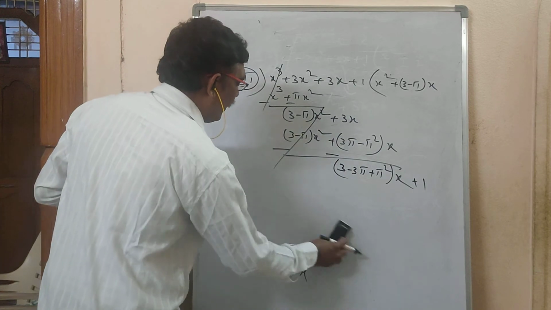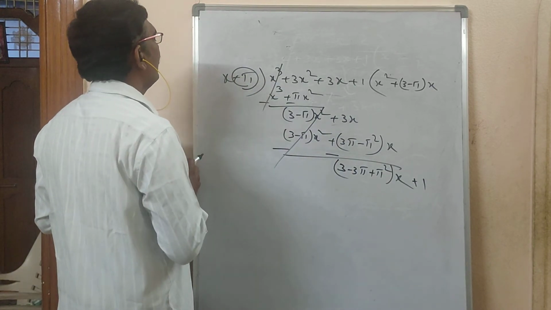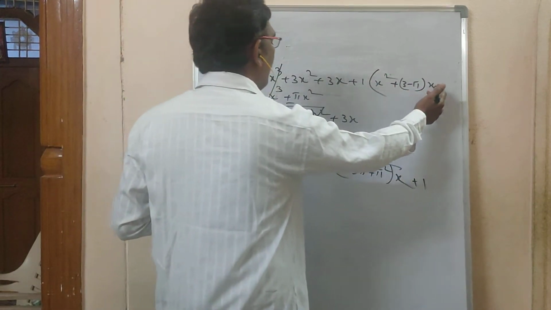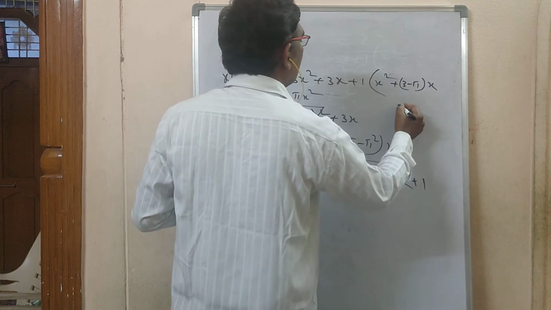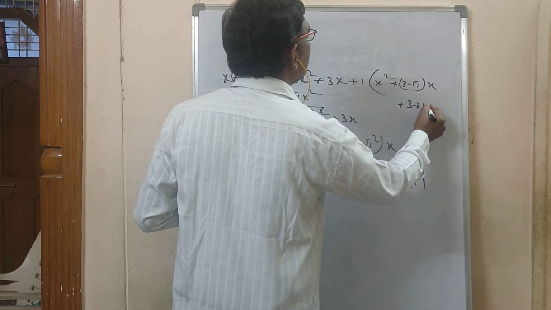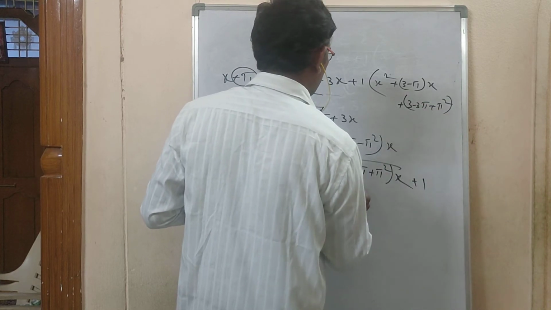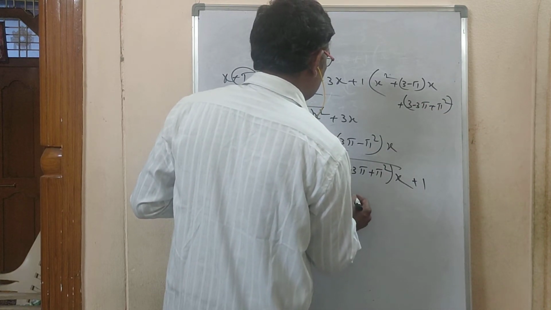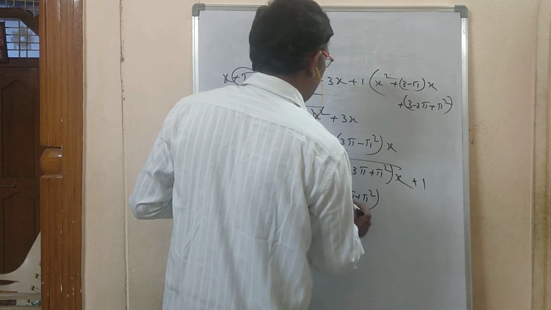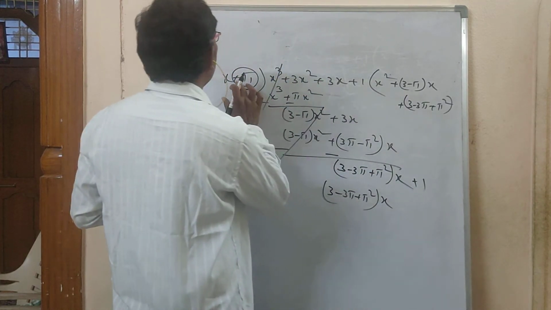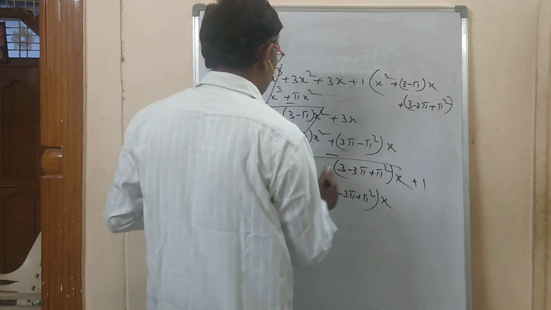Okay. Now what you will have is the same with x; with what do you have to multiply? Here, plus 3 minus 3 pi plus pi square. With this if you multiply, you are getting this one: 3 minus 3 pi plus pi square into x. With pi you should multiply this entire thing.